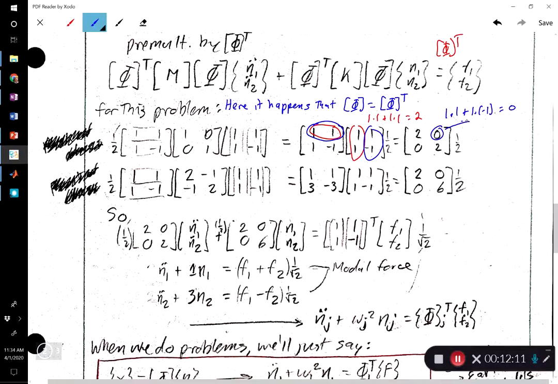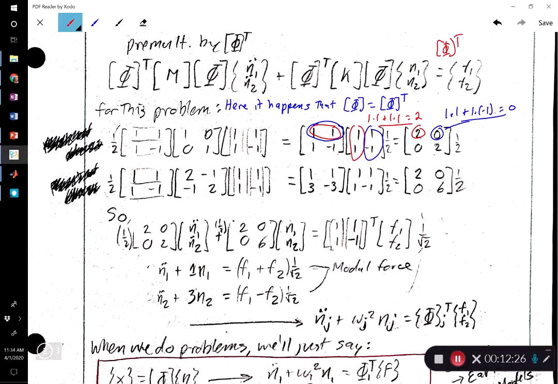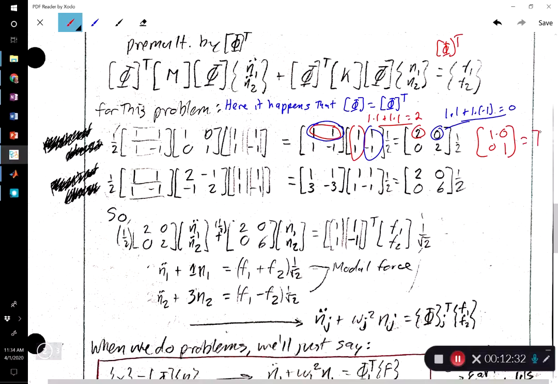So that's this term right there. Anyway, we see the orthogonality happening right here, and so we get a diagonal matrix for the mass matrix, and after we multiply by the 1/2 factor, this is just 1, 1, 0, 0, or it's just a 2 by 2 identity matrix.